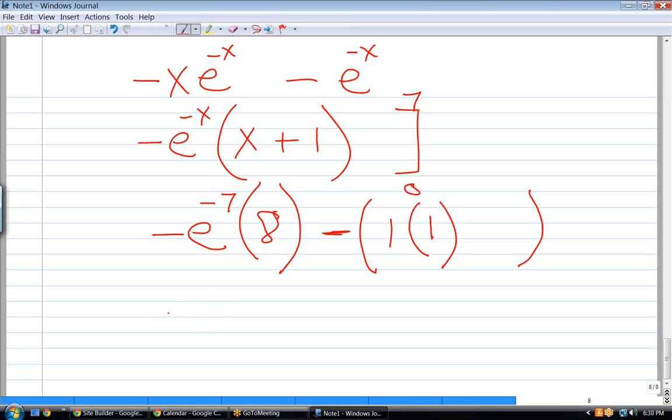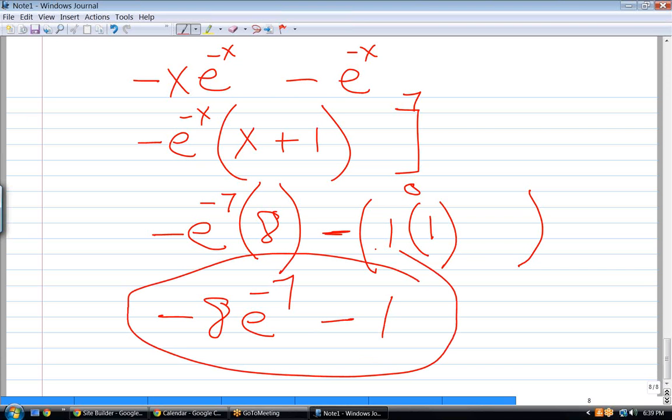So now my final answer is minus 8e to the minus 7 minus 1. This was one of the few times we've seen where there is nothing to factor out, because this ended up being the number 1, which is rare because it's only going to be 1 when one of those limits is 0.